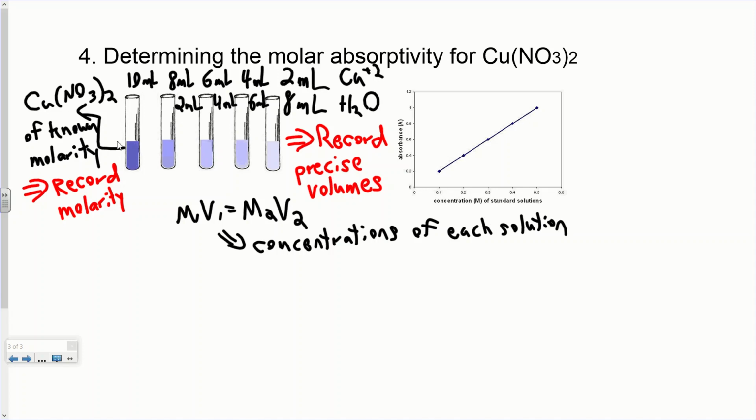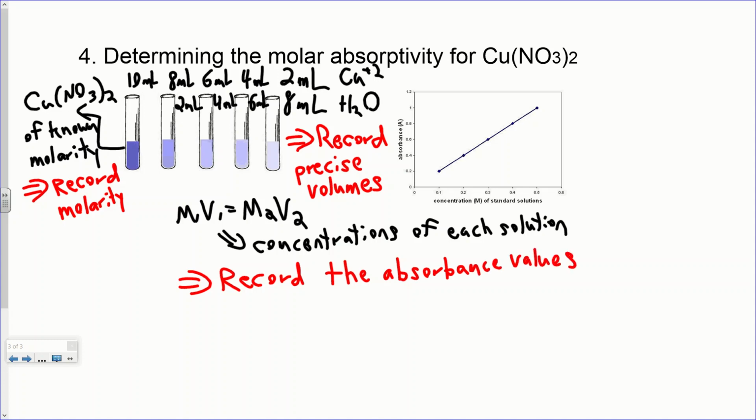Then you're going to have to record the absorbance values of red light for each solution.